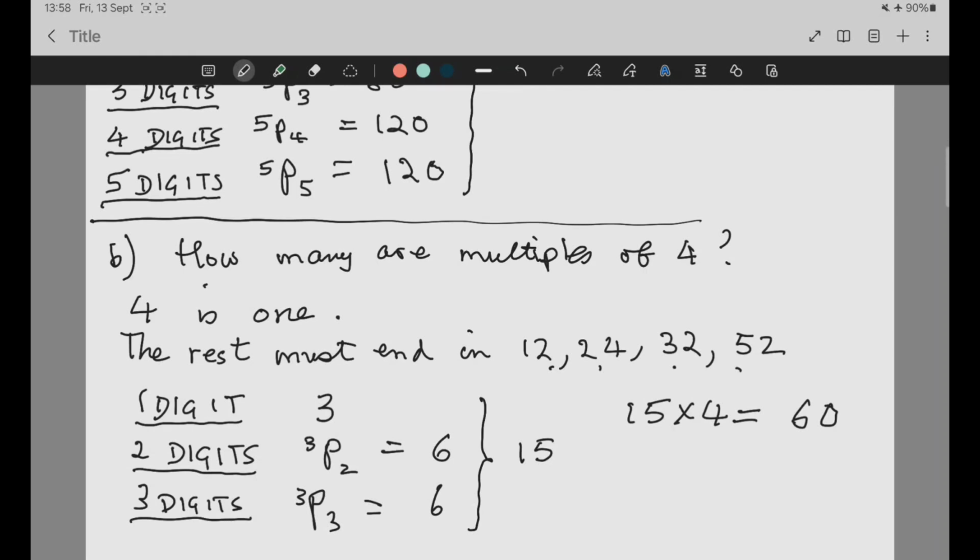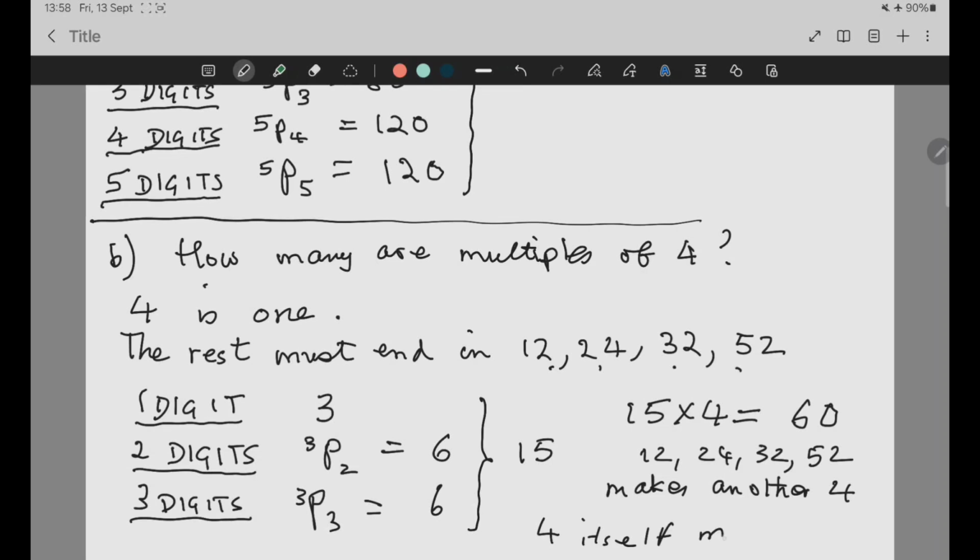The numbers 12, 24, 32, and 52 themselves, which are permitted, makes another 4. And we had the 4 at the beginning itself makes 1.